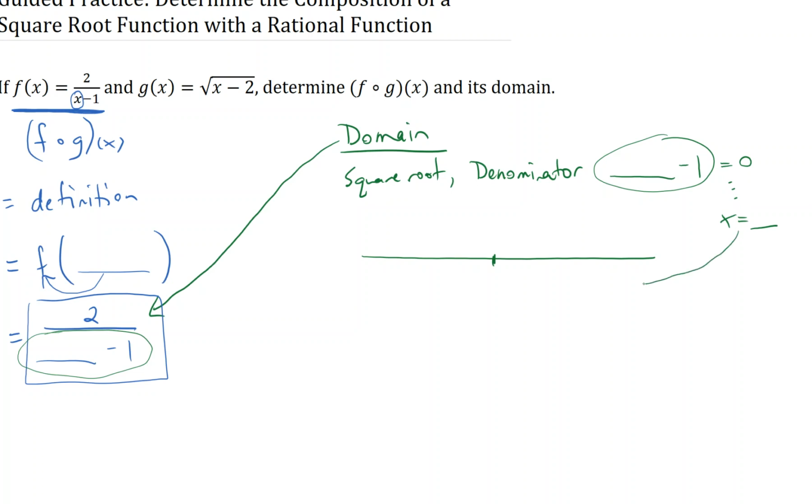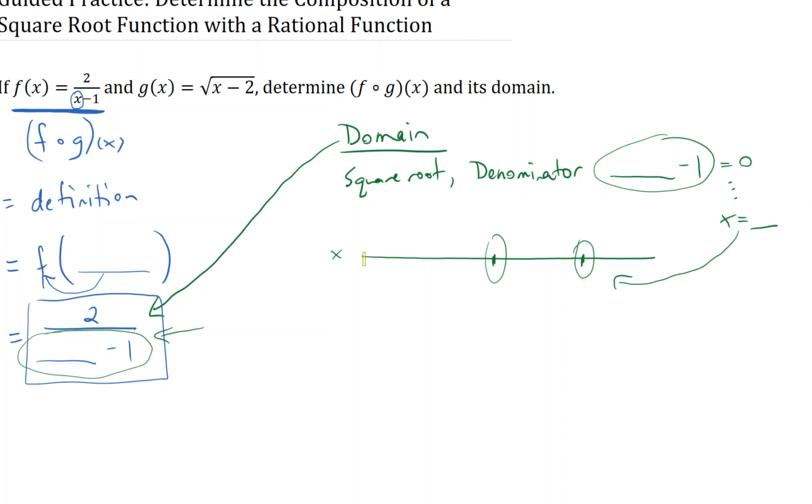Once you've got that, you're going to cut your number line again at that x value, so you're going to have two cuts in your number line basically. Look at these, remember these are all x values. Look at the two x values you have here in particular and either shade them or put open circles on them depending on if you get a real number output when you plug them into your function.